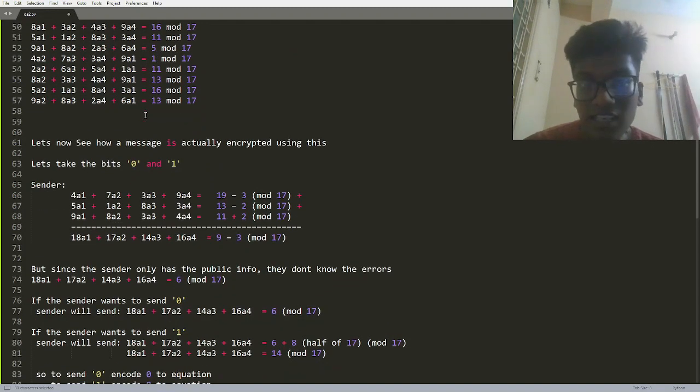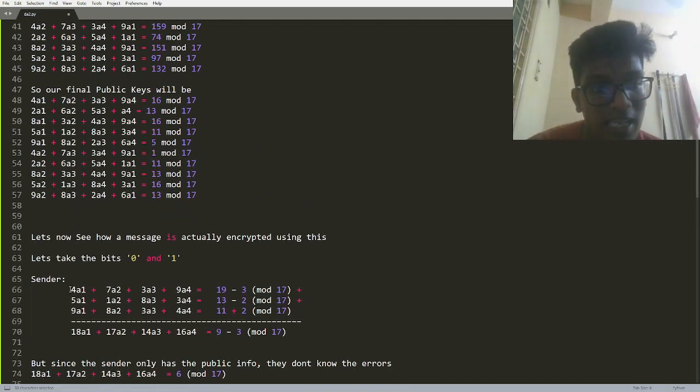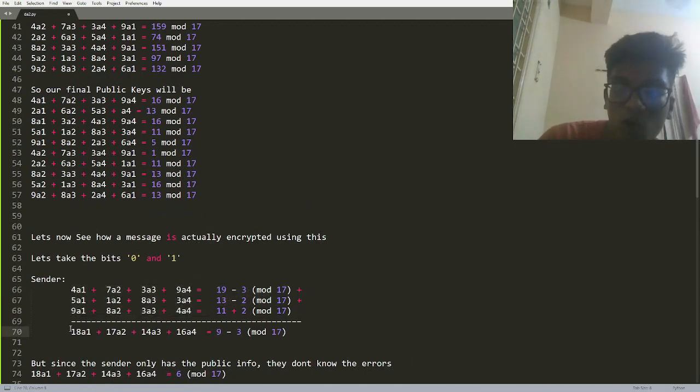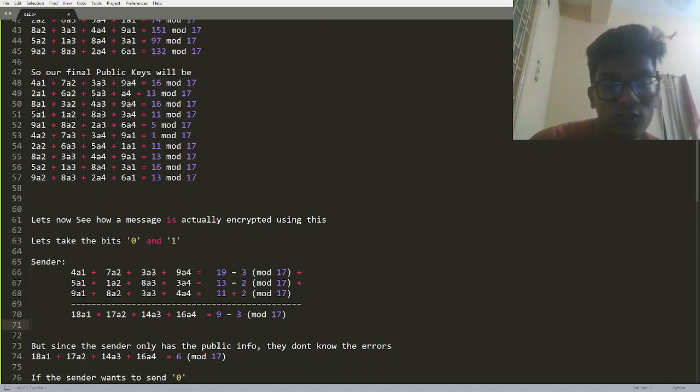That is, this is a linear equation. Since the solution for these three equations is my private keys, the addition of these three will also have the same solution. This is with the induced errors, but publicly these errors are not known. So the sender will have this equation as his encryption.